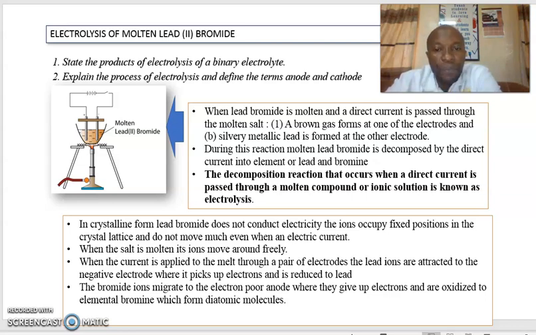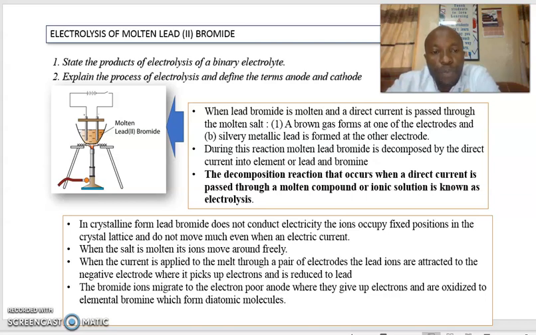Now, when lead bromide is molten and direct current is passed through, there are several observations you are going to make. Number one is that you have a brown gas forming at one of the electrodes, and you also have a silvery metallic ball of lead metal being formed at the other electrode.